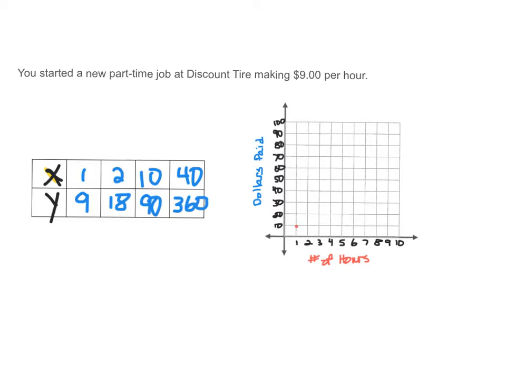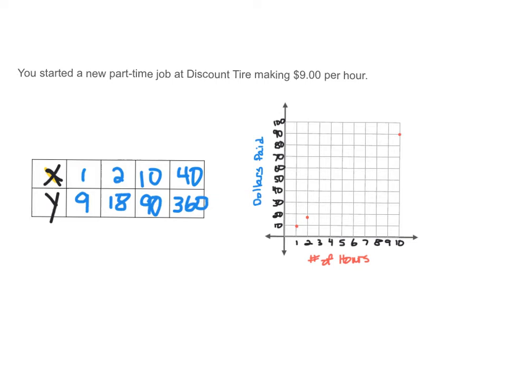And if we worked 2 hours, it would be at 18, somewhere about right there. And if we worked 10 hours, which would be 90, it would be right up here. And of course, we're not able to put the 40-hour week.